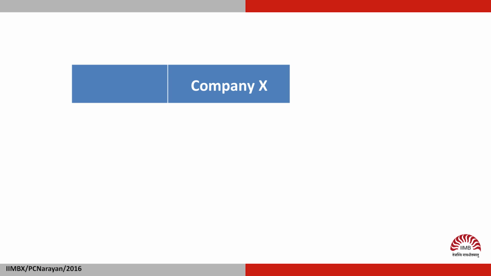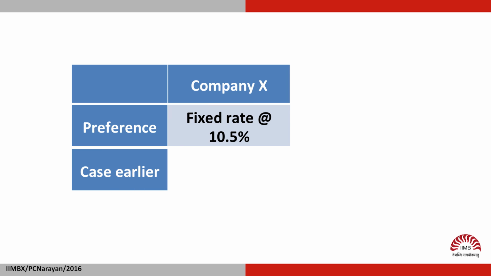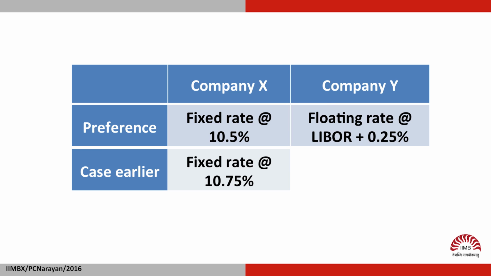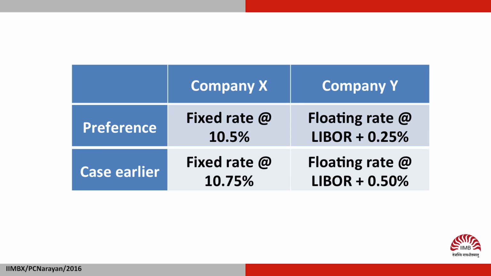In the example that we saw, for instance, company X could source funds at a fixed rate as per its preference at 10.5% instead of 10.75%, and company Y could source funds at a floating rate as per its preference at LIBOR plus 25 basis points instead of LIBOR plus 50 basis points. Therefore, an interest rate swap enables both the counterparties to reduce their cost of borrowing by 25 basis points.